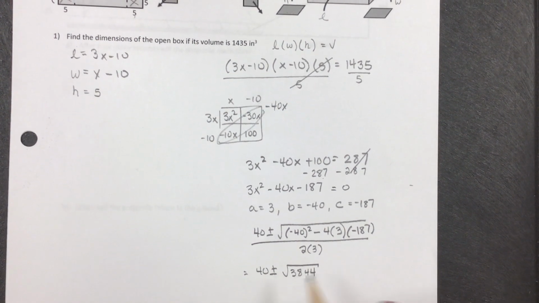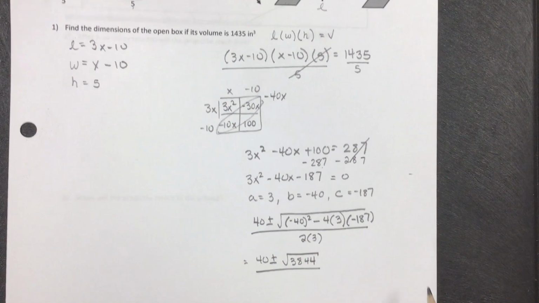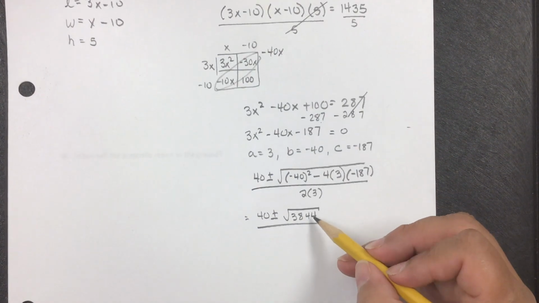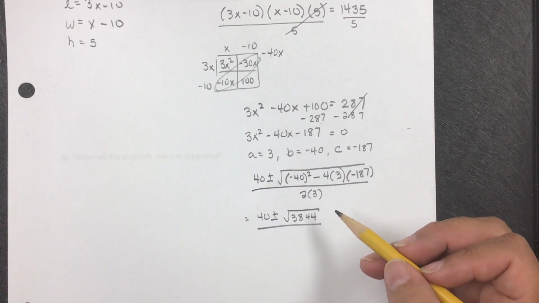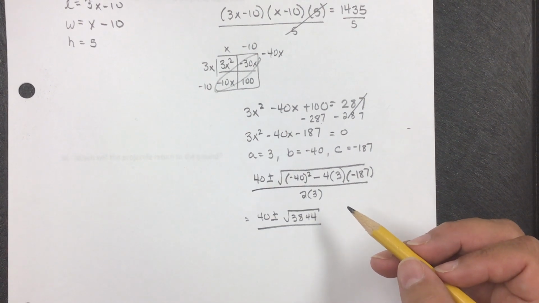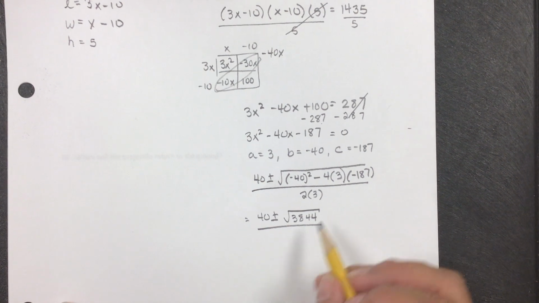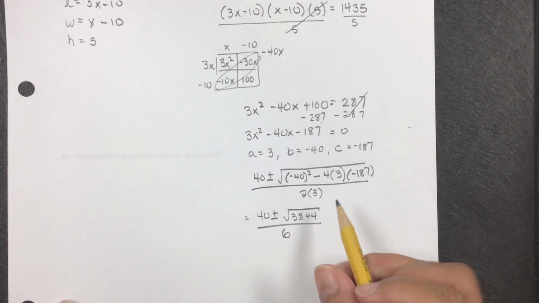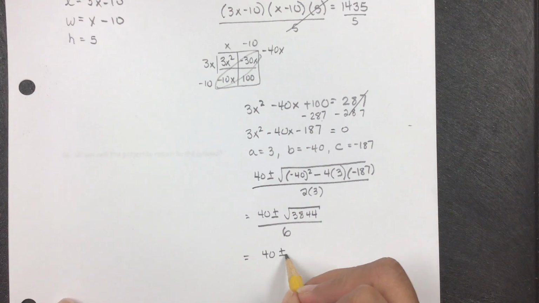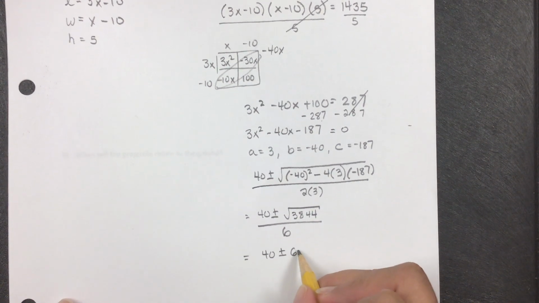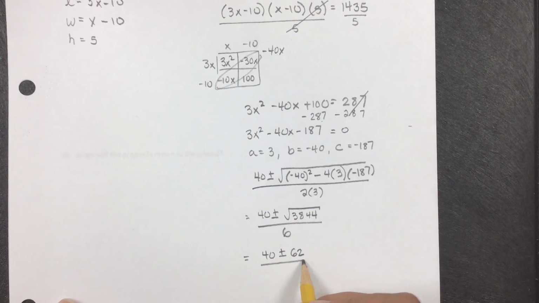3,844. If you're not getting that when you put it in your calculator, please check. Please stop by and see what is happening with the order of how you're putting stuff in if you're not getting the correct answer. Divided by 6 is equal to 40 plus or minus, and this simplifies to 62.